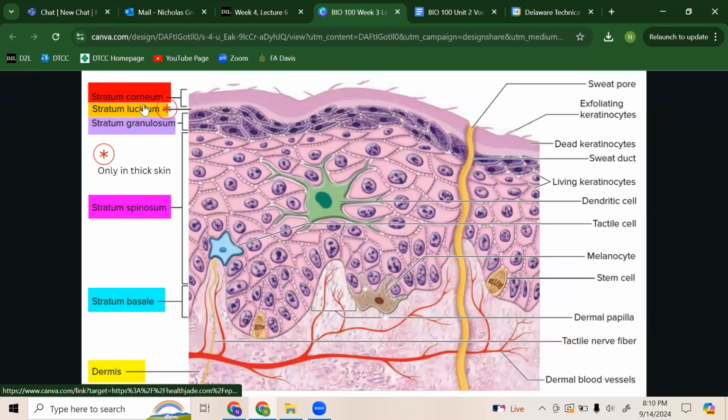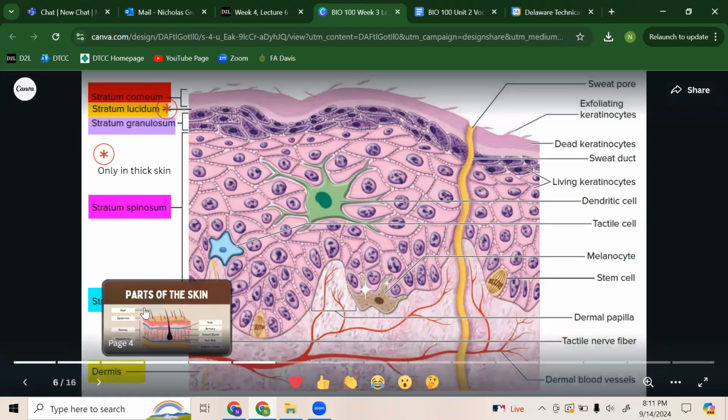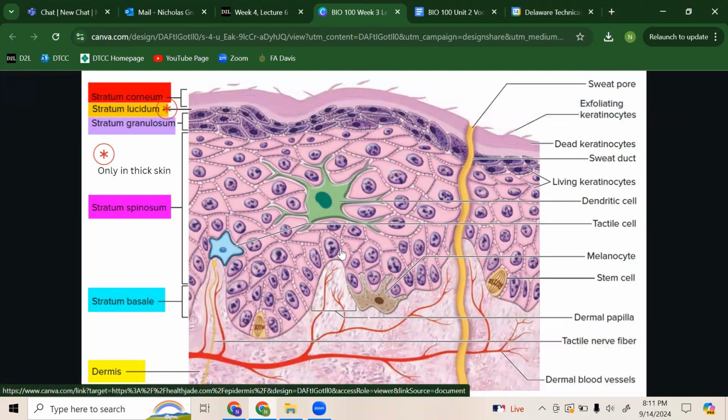So you'll see we actually have 5 different layers to our epidermis most of the time. Stratum lucidum is only in thick skin, so every once in a while this will be dropped out. Our stratum corneum is the hardened portion. This is the outermost layer that's exposed to our environment. The stratum basale, or our basal layer, is where our new cells are.